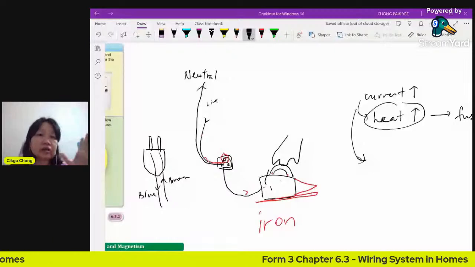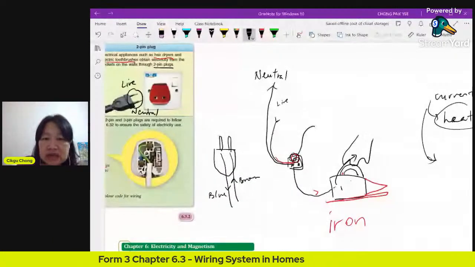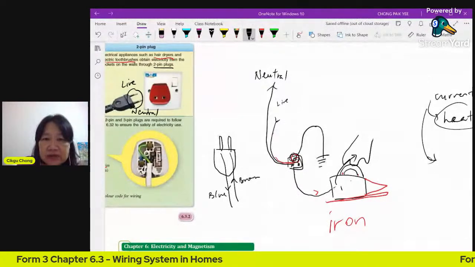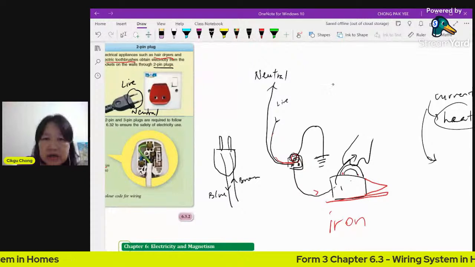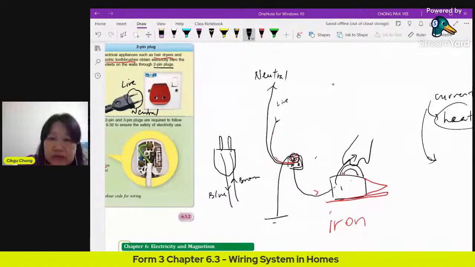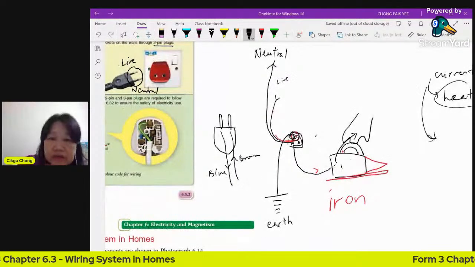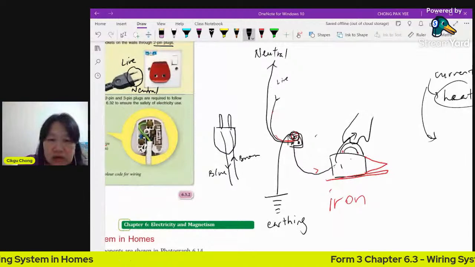In order to prevent that, there is the earth wire. The earth wire will bring the current back to the ground. This is the symbol for grounding. Grounding means the current goes to the ground. This is called earthing or grounding. It doesn't enter your iron at all.